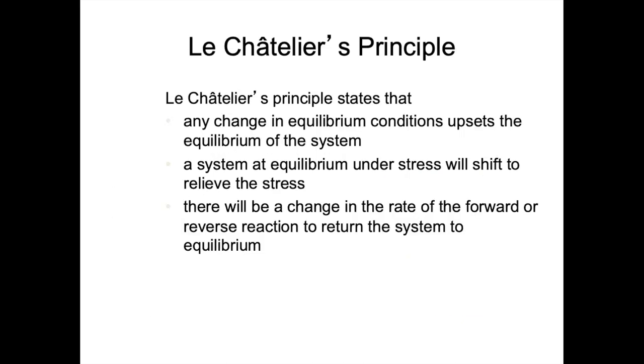So how do we mess up a system in equilibrium? We can do that in a bunch of different ways. We can change concentrations, we can change the pressure of gases, we can change temperature. All of these things will affect our equilibrium. So let's look at each of those in turn.